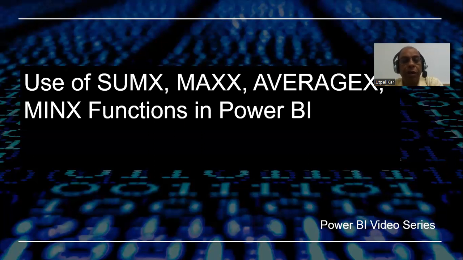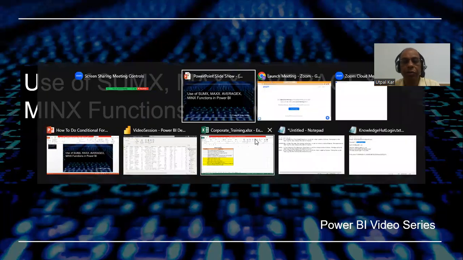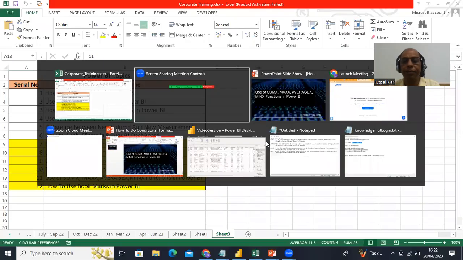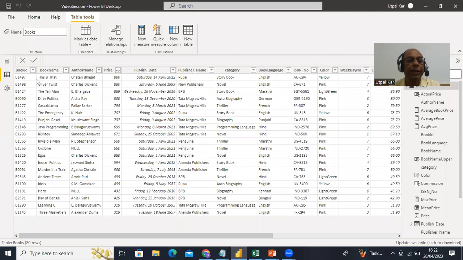So how can these be applied in Power BI? Let us take one small example. We are going to Power BI. Here is the data set, and I am targeting this particular column because these functions must work on numbers.